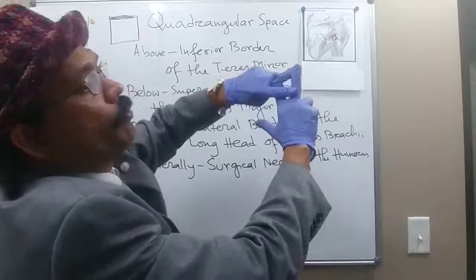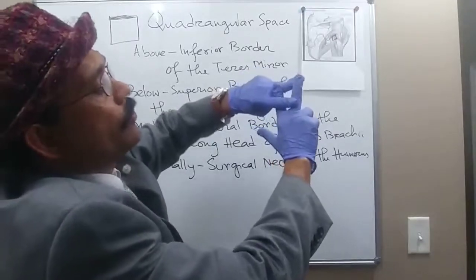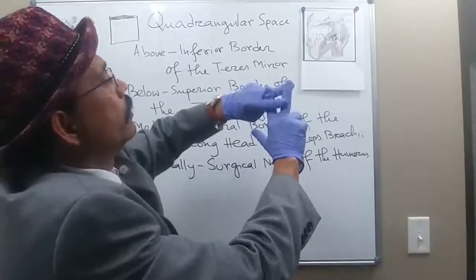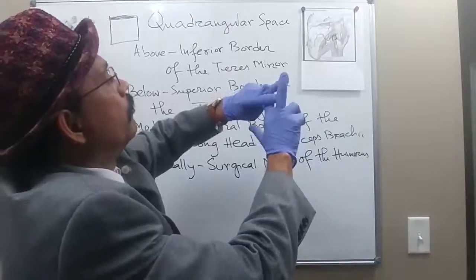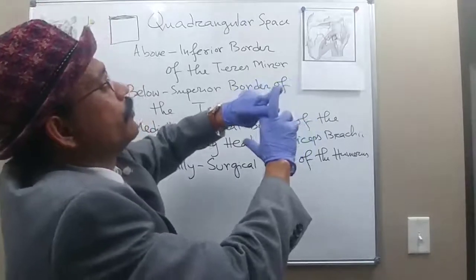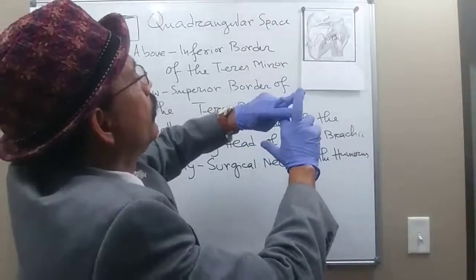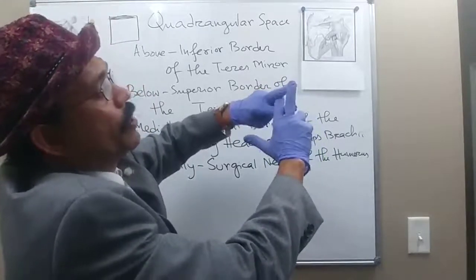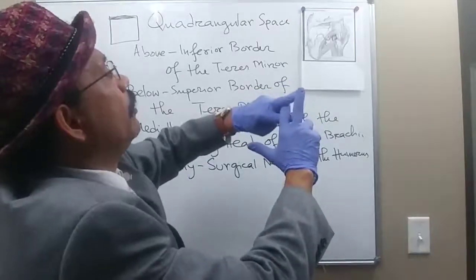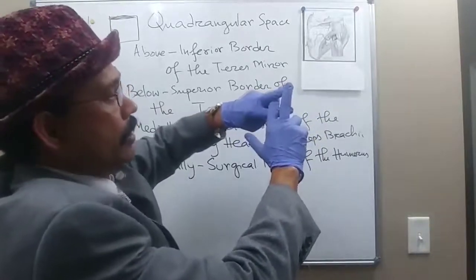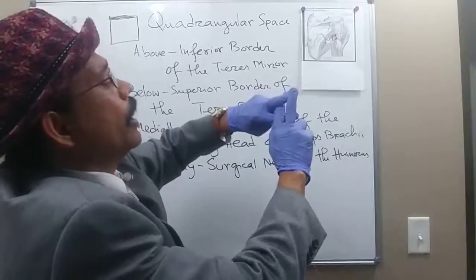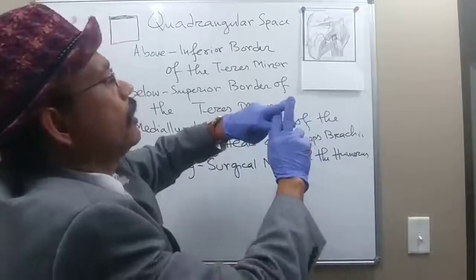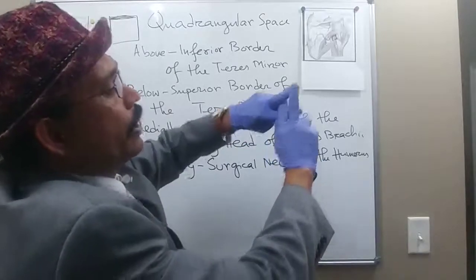So the quadrangular space is bounded above by the teres minor from the posterior aspect, below by the teres major muscle, medially by the long head of Triceps Brachii, and laterally by the surgical neck of the humerus.